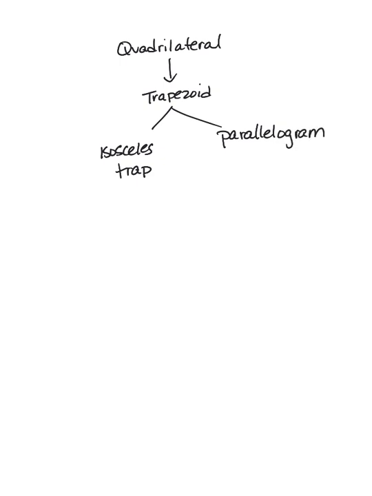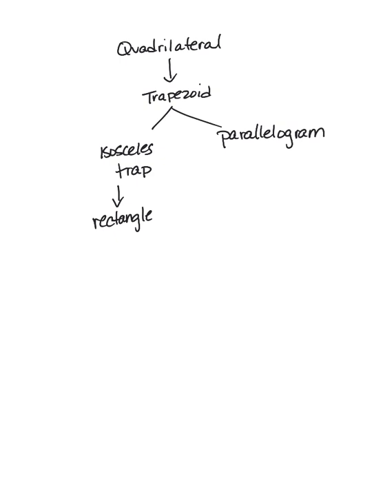Now, this is going to get a little dicey here. An isosceles trapezoid can turn into a rectangle. But so can a parallelogram. It's just, it turns into it differently. With an isosceles trapezoid, sure, you get the right angle.